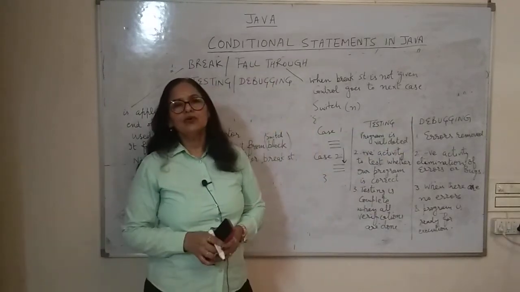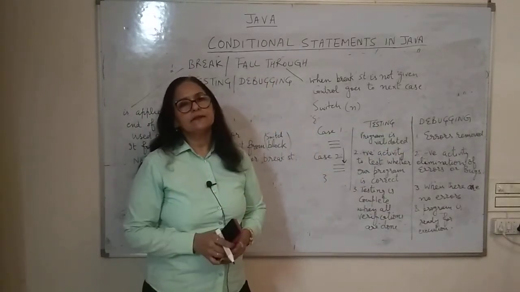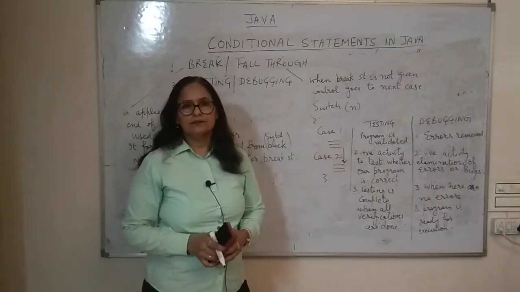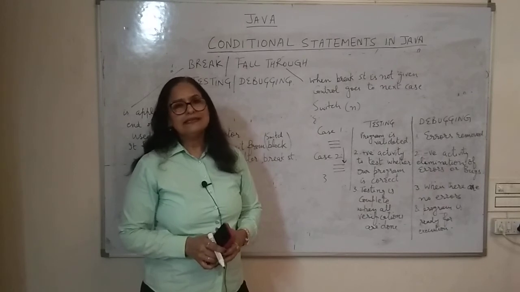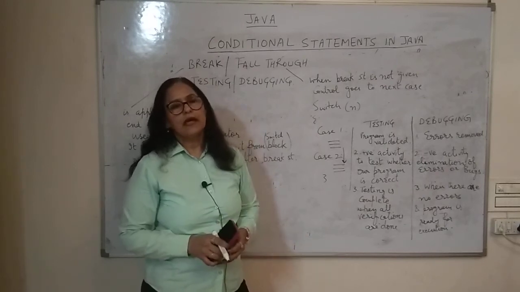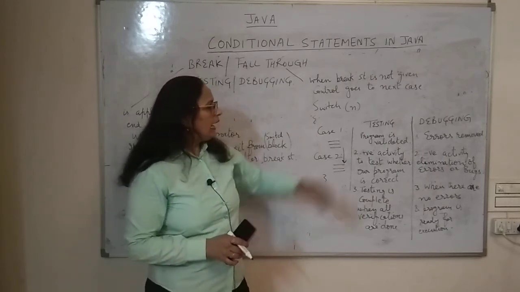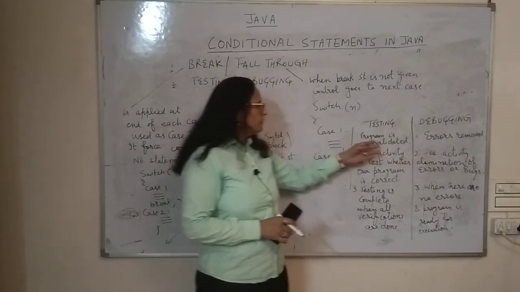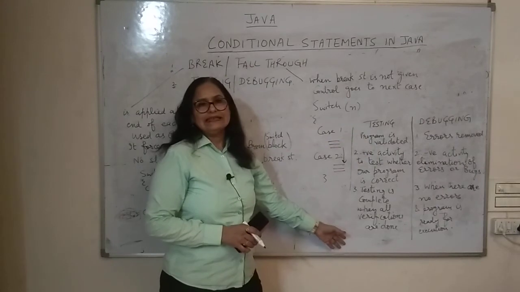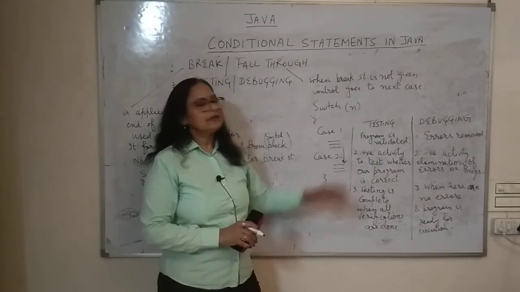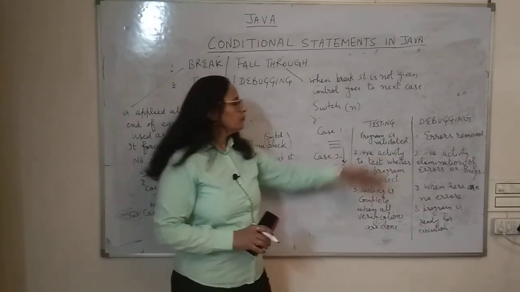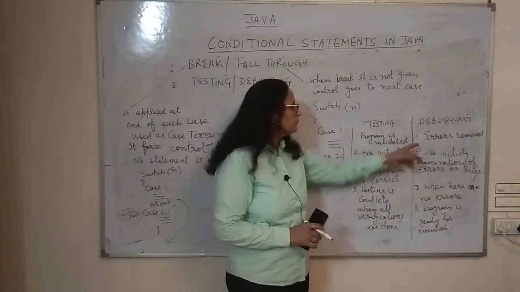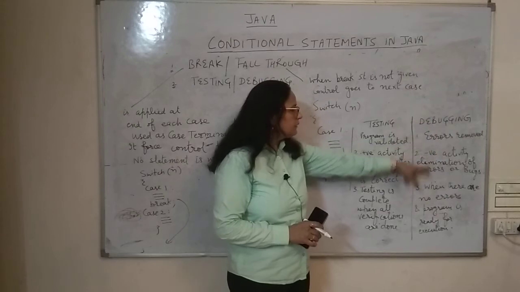First of all, before you understand the concept of debugging, let's understand what a bug is. Bug means errors in the program. Errors and bugs are the same thing, and debugging means removing the errors from the program. Whatever the tester tested and told the programmer, these are the errors, and now the programmer is going to remove those errors by debugging. So errors are removed in debugging.